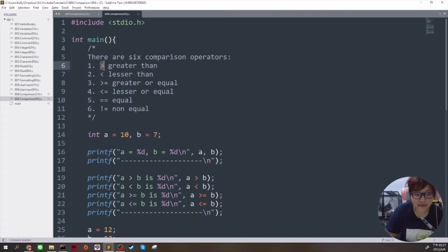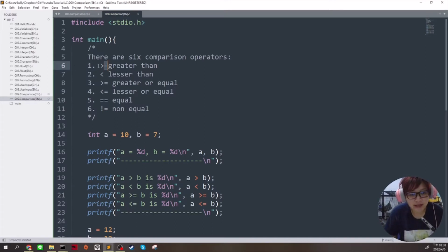So let's talk about the six operators. The first one is greater than. Why? Because when we read code, we read from top to bottom and then left to right. So the left one should be greater than the right one.